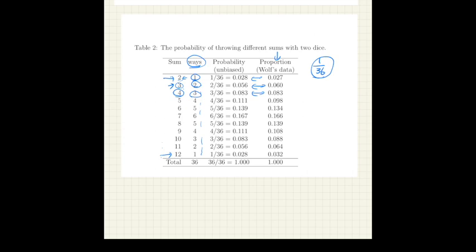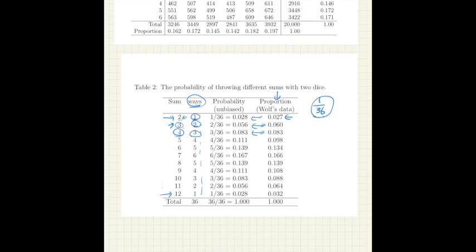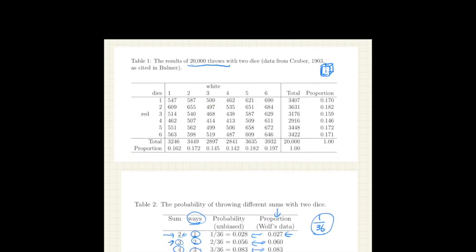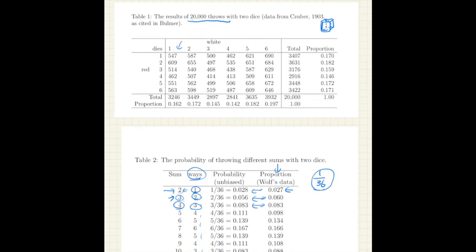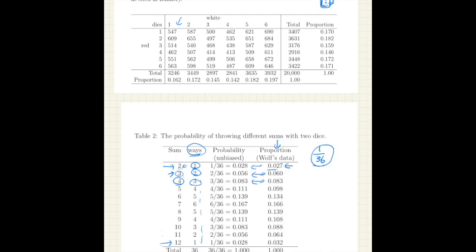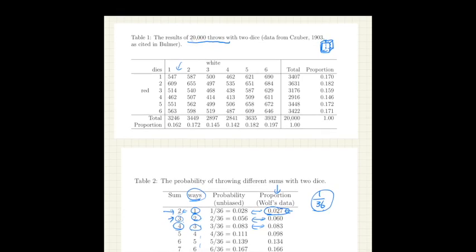By the way, how do you get this number from experiments? These numbers are obtained from this table. This number for the sum of 2, 0.027, is obtained by dividing 547 by the total number of experiments.